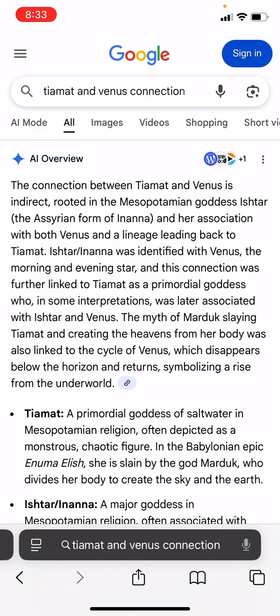The myth of Marduk slaying Tiamat and creating the heavens from her body was also linked to the cycle of Venus. Are y'all hearing this? Which disappears below the horizon and returns, symbolizing a rise from the underworld. Wow, just wow, right?